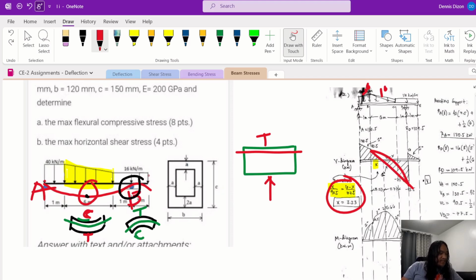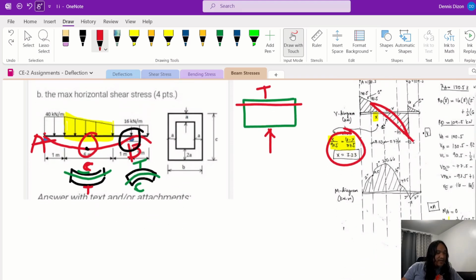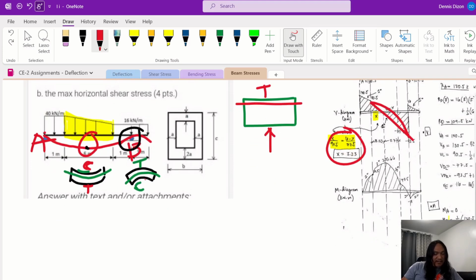If we had choices, then we could check our answer. But since it's not included when he sent this picture for this problem, we will just assume that our values are correct. Even if the answer itself is wrong, the procedure is how you calculate the maximum compressive stress.